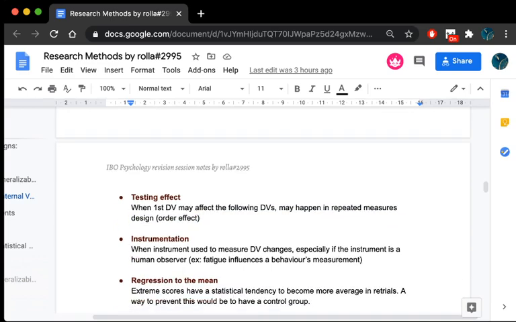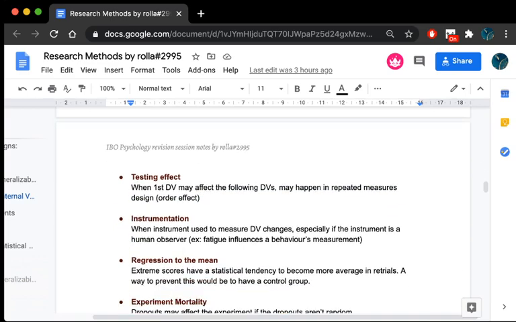Testing effect. This is when the first dependent variable may affect the following dependent variables. This is kind of like when you do a test on your participants and then you show them the results, and they might feel happier or disappointed about the results, and then you ask them to do the test again.